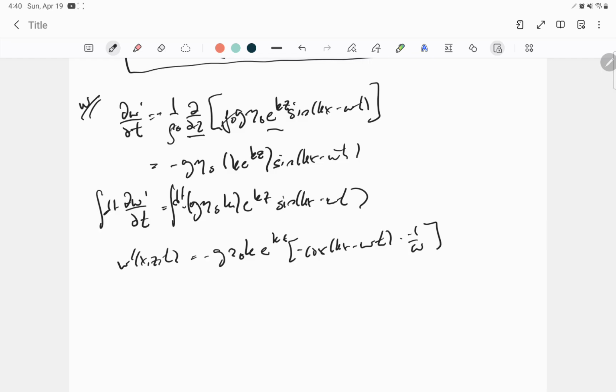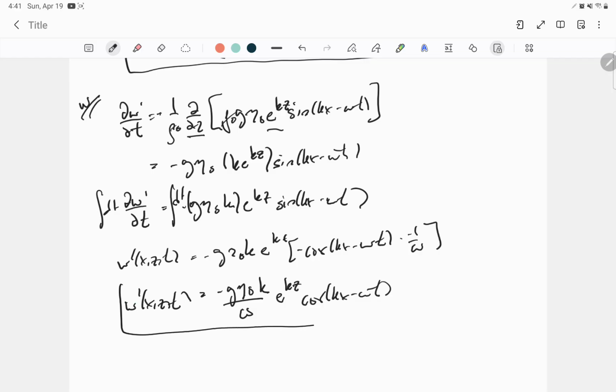And our final result here is we get minus g eta naught k over omega times e to the kz times cosine of kx minus omega t. And that's w prime of x, z, and t.